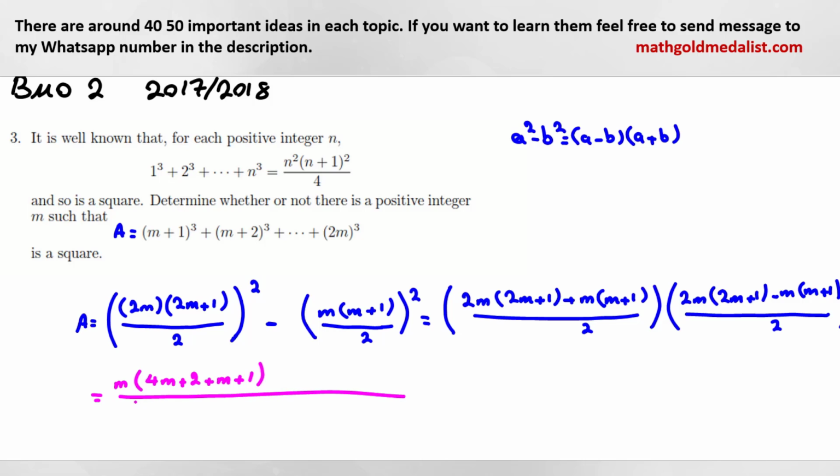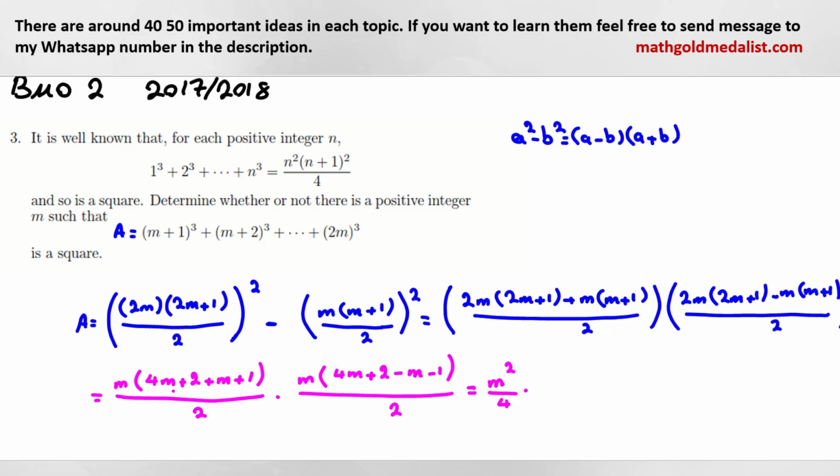Again, we should factor out m. m times 2m plus 1 minus m minus 1. 4m plus 2, right? Minus m minus 1, over 2. So it will be m squared over 4. Agreed?